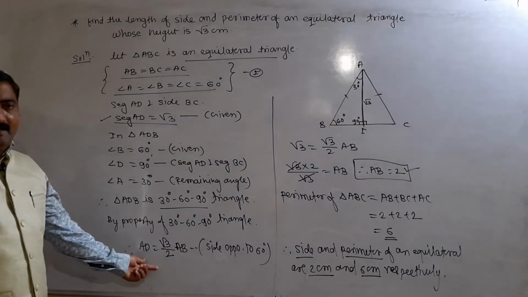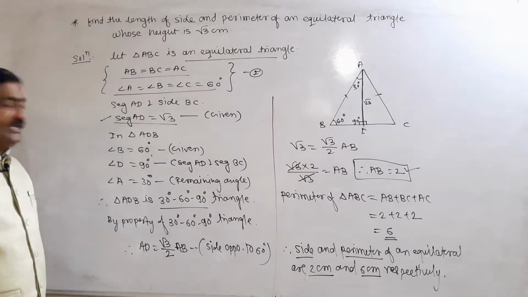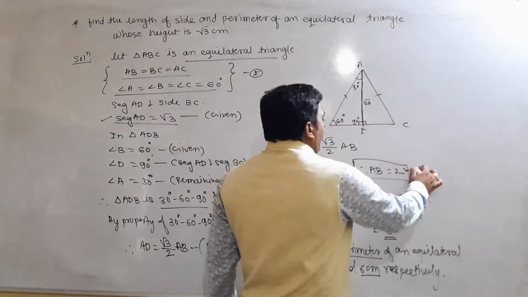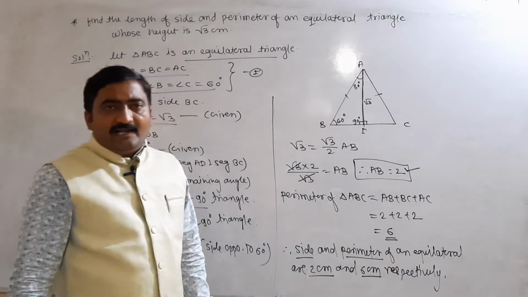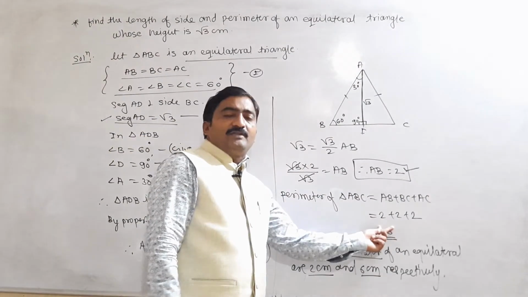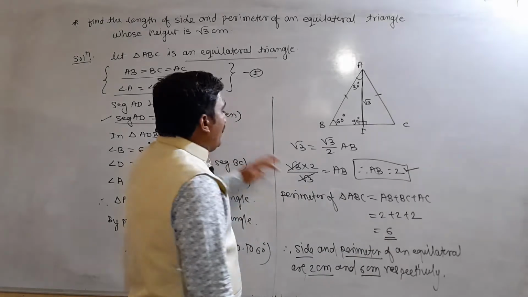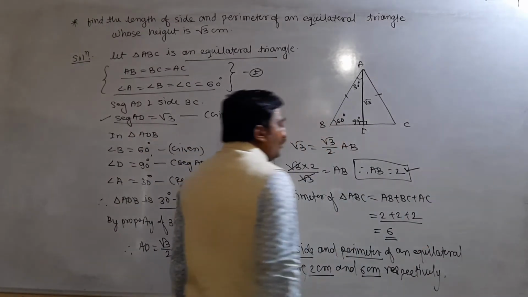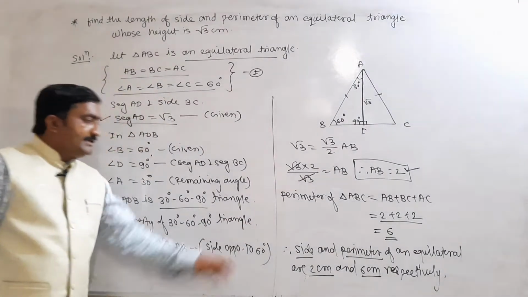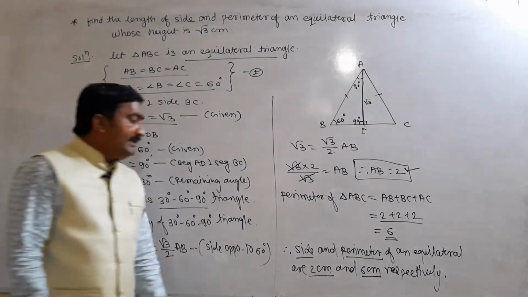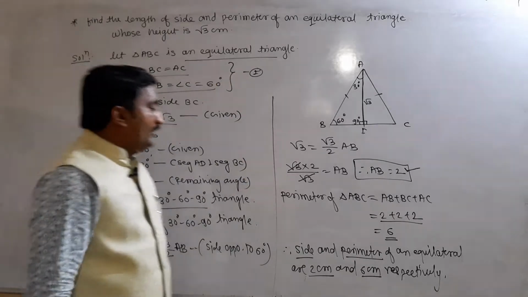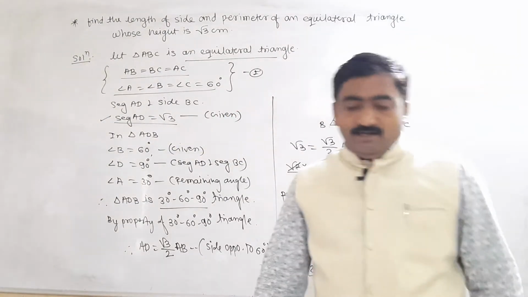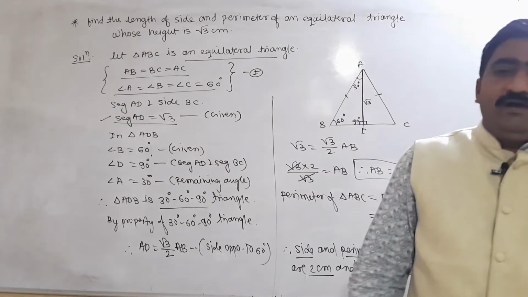Therefore, we can write AD is equal to root 3 by 2 AB. Then by calculating the value of AB, the side of the equilateral triangle, all sides are congruent, so AB is equal to BC is equal to AC. From first, we can write 2 plus 2 plus 2 is equal to 6. The side and perimeter of the equilateral triangle are 2 centimeter and 6 centimeter respectively. This is the first problem. Next, we will study the next problem which depends on this topic.